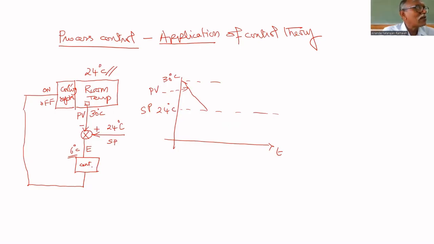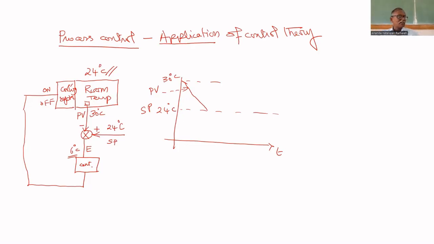Let us assume like that. So when it just crosses 24, say 23.9, the error becomes 0. If it becomes positive, then only it will turn off.